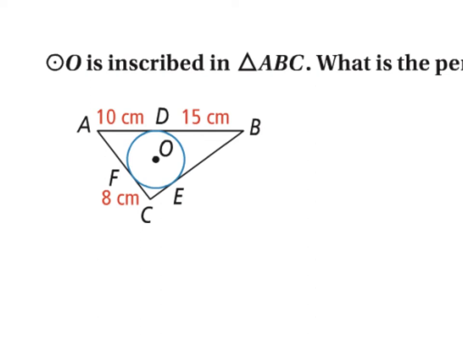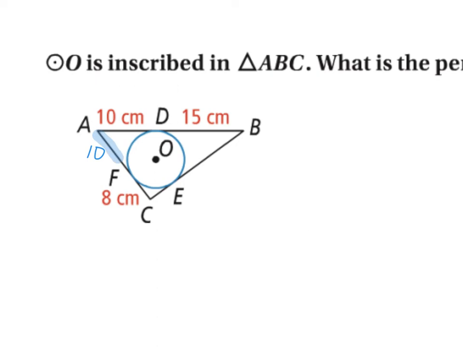So some things we should know about inscribed. Since it's inscribed, we know that those are going to be tangents, because the circle only hits the triangle in those 3 points, which means they're tangents. So we know that if AD is 10, AF would also be 10. That little piece right here.